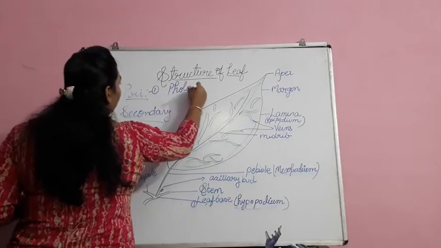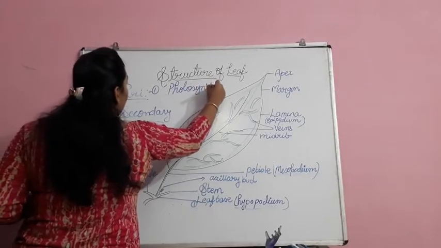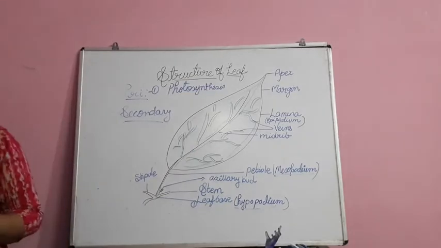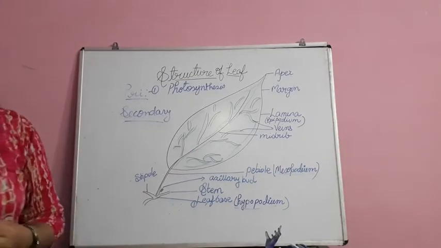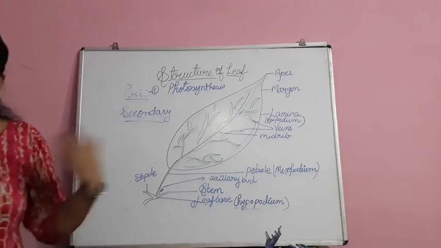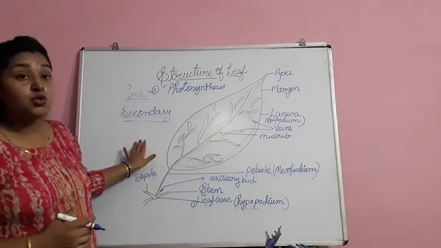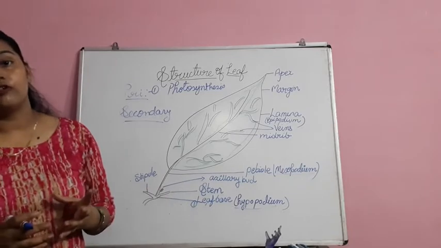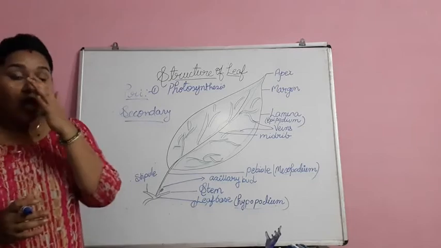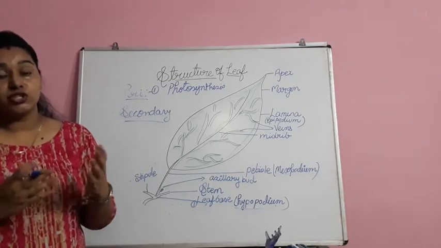As we need food to get energy, we need food to do work, we need food to do all our life processes and life activities, in the same way plants also need energy to perform their activities and all the life processes they have to do.